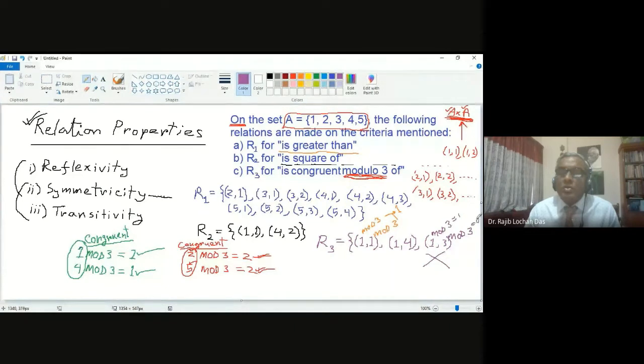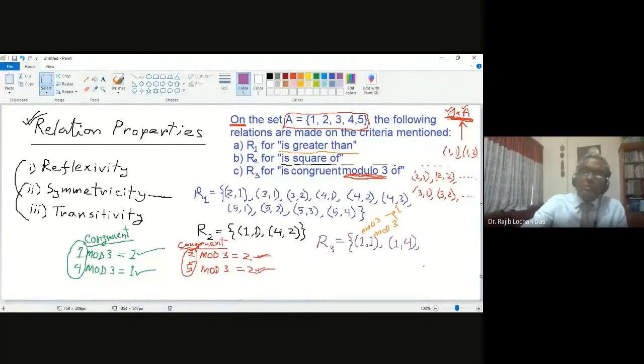So they are not congruent, and they are not giving you the same answer. So we are not taking 1, 3. Is that okay? Clear?